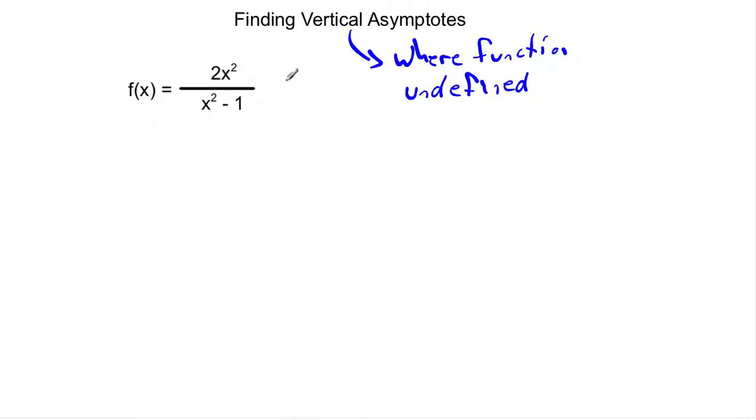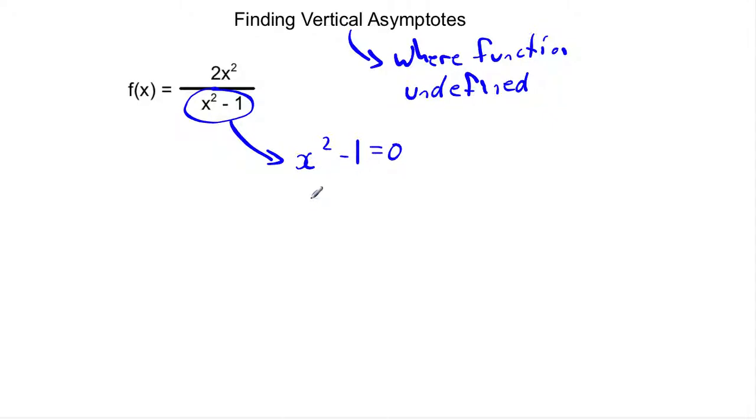Think to your knowledge about fractions. Where is the fraction going to be undefined? This fraction is going to be undefined whenever the denominator is 0. So I more or less ignore the numerator, and I take this denominator and I set it equal to 0. I see where this is going to be equal to 0.